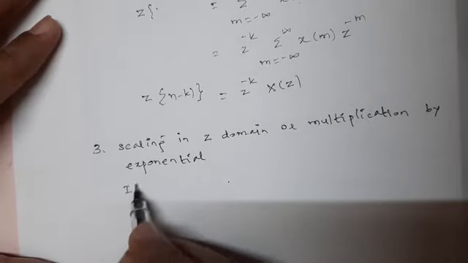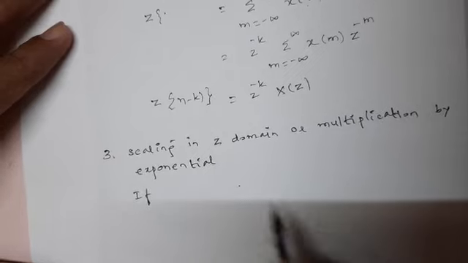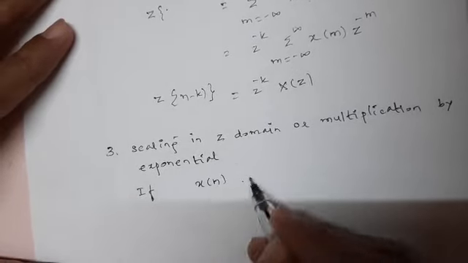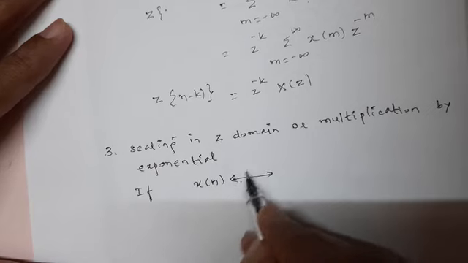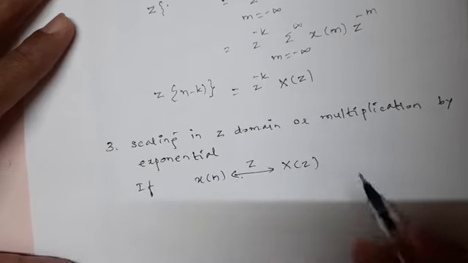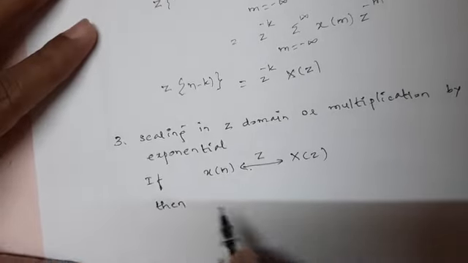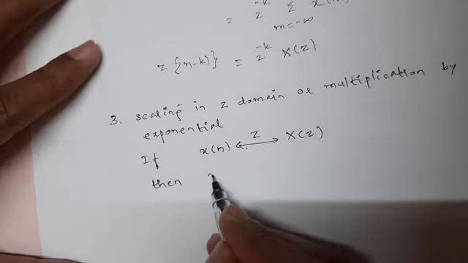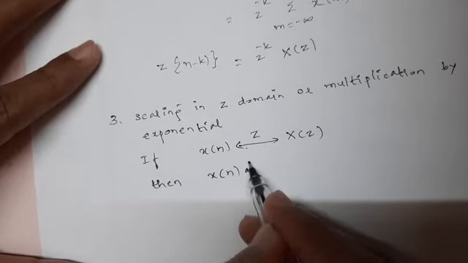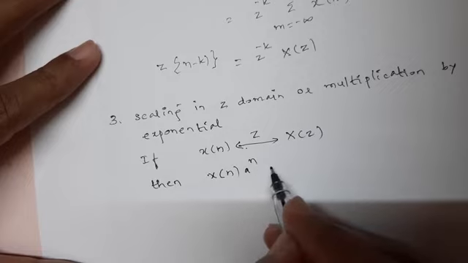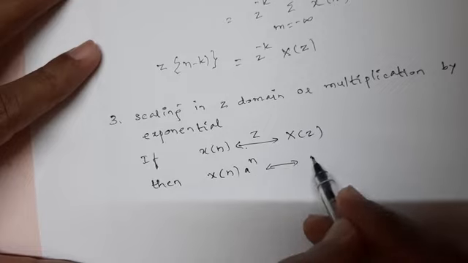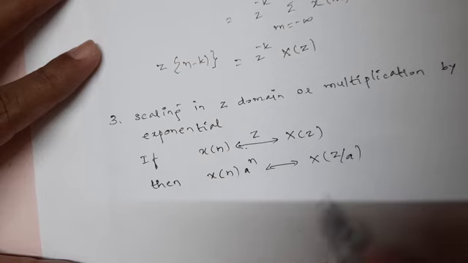What it states is that if the z transform of x of n is X of z, then the z transform of a to the power n x of n is X of z by a.